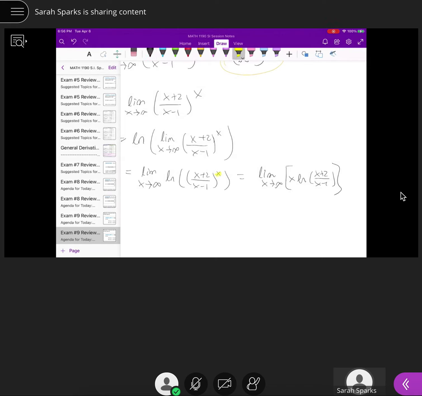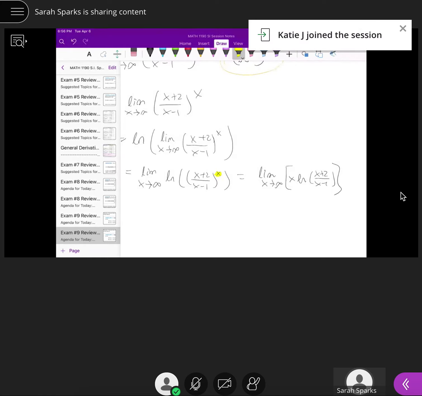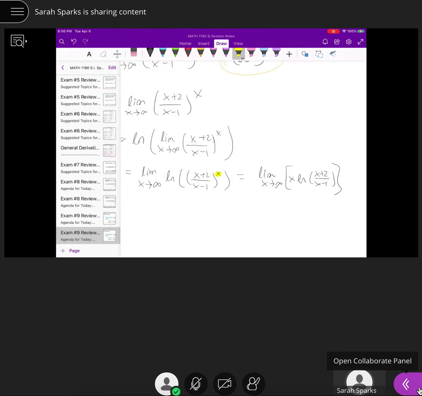But there's something algebraically that we can do in order to get this into a full fraction. We could say that x is equal to 1 divided by 1 over x, right?